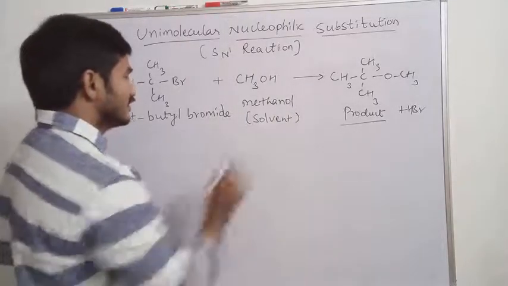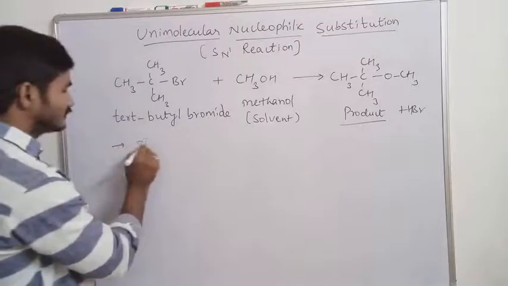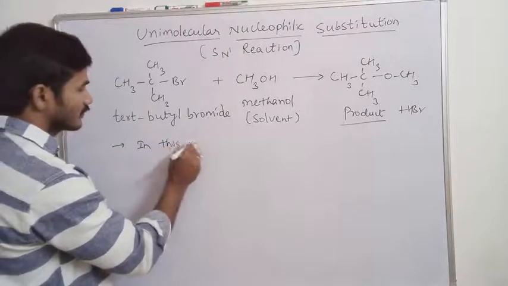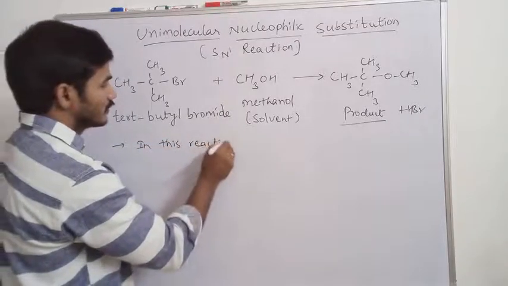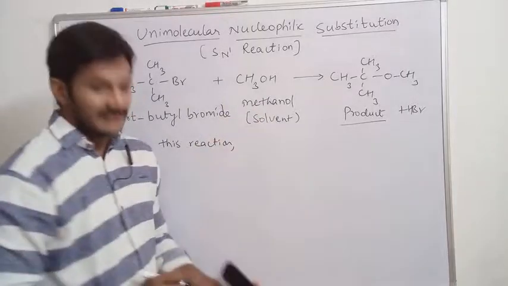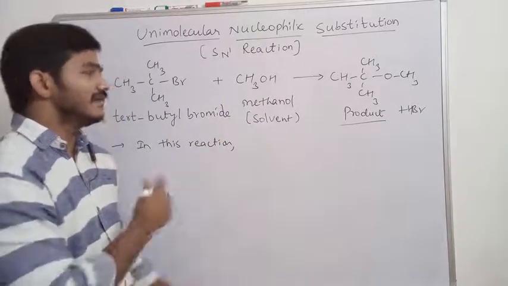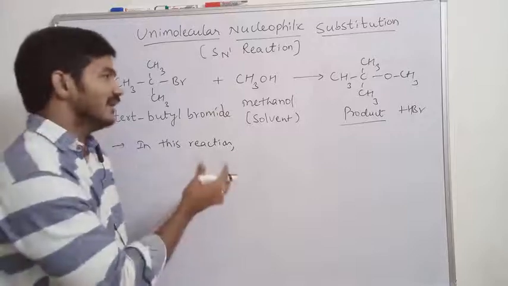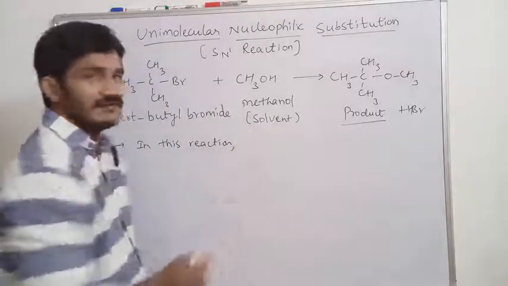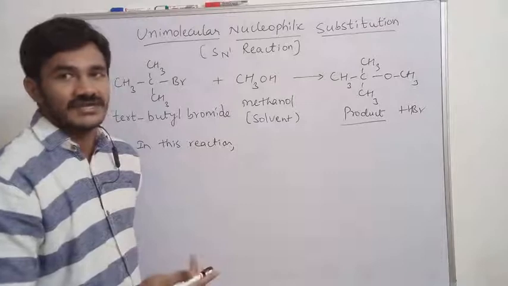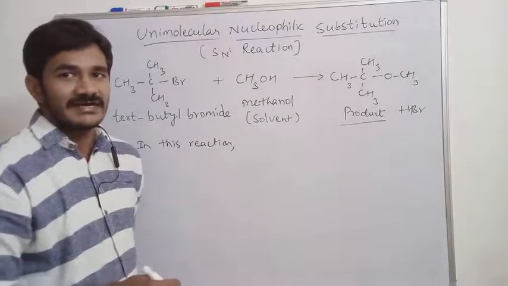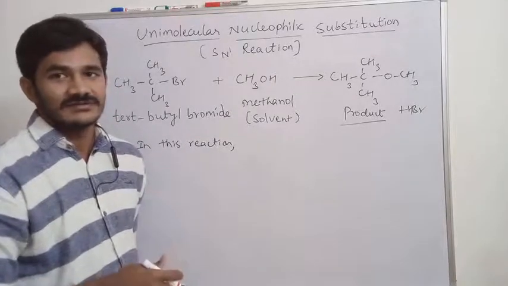In this reaction, methanol itself will make the initiation. Methanol, which is acting as solvent, will start the initiation of the reaction. We are not taking a particular nucleophile in this.